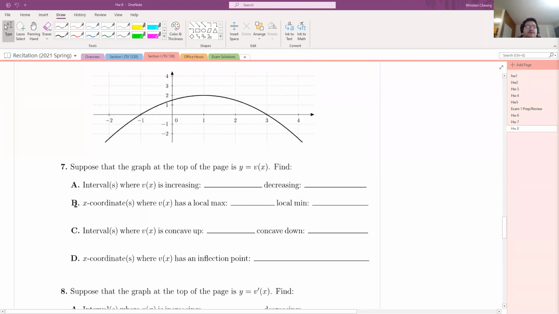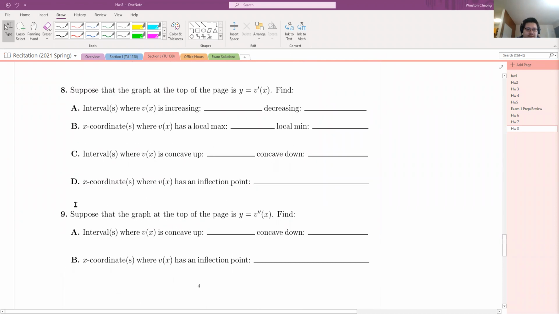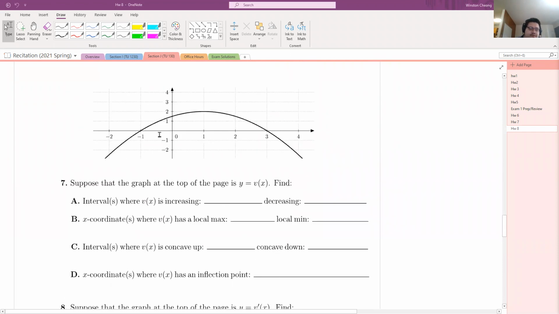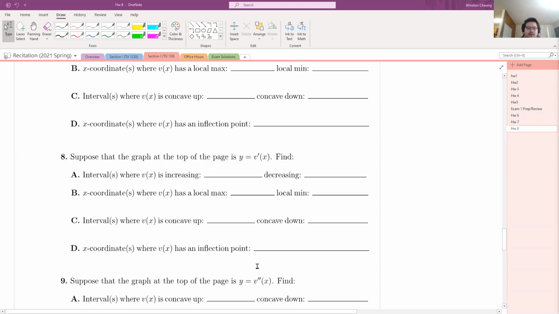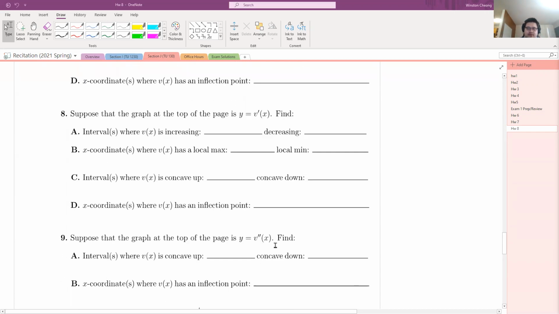So the way that these sets of problems work is we are considering the same graph, but for each of the individual problems, we're interpreting the graph differently. So for 7, we view this as a graph of the function v of x. Then for number 8, we're going to view it as the derivative of v, and then for 9 as a second derivative.